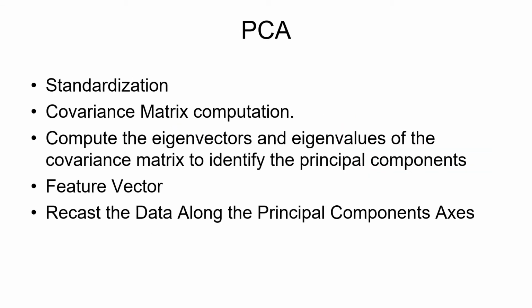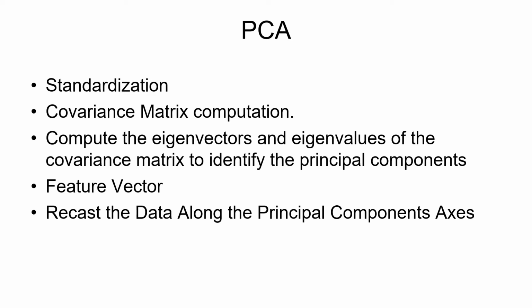Principal components analysis, or PCA, is a dimensionality reduction method. It is often used to reduce the dimensionality of large datasets. The purpose is transforming a large dataset of variables into a smaller one containing most of the information in the large set.